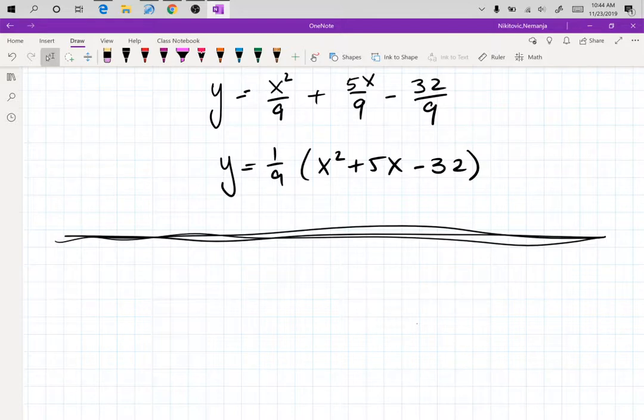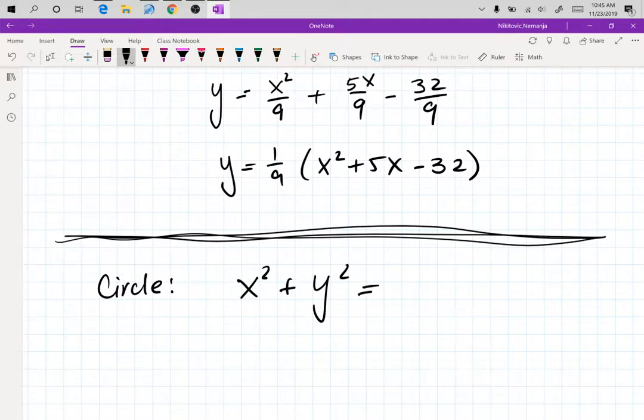And what parametric equations do is they break your non-function into multiple functions, and then you can deal with them, right? So if you think about a circle, x squared plus y squared is equal to 16. This is a circle of radius 4.